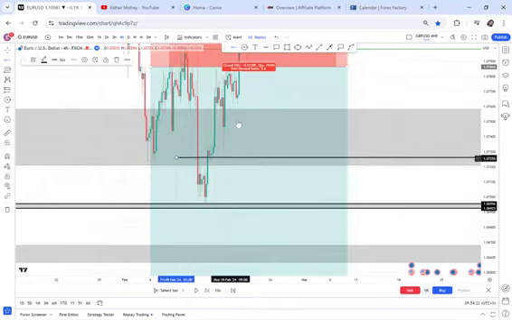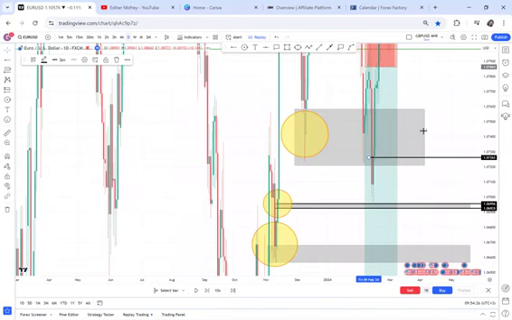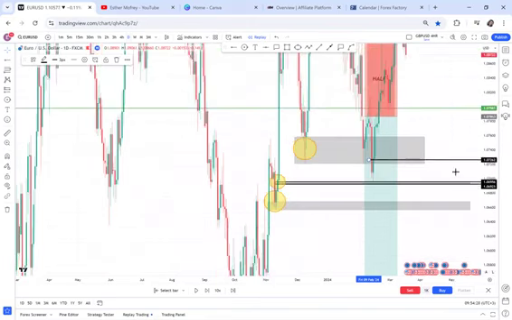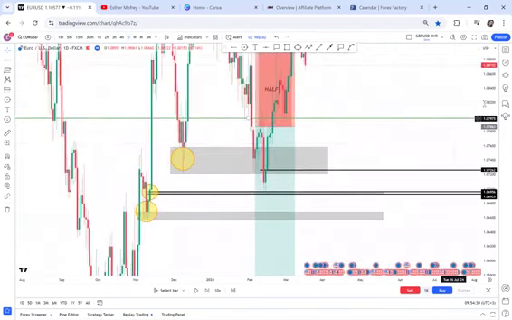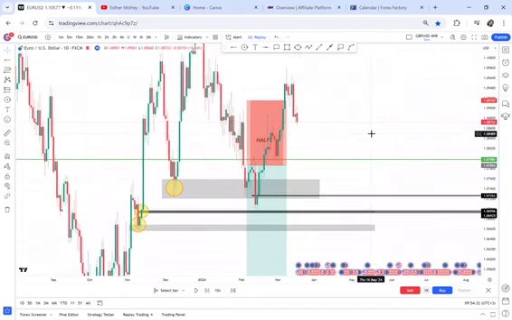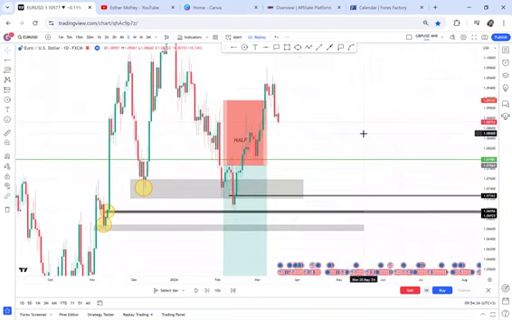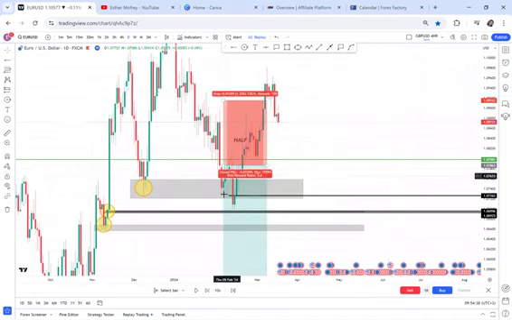I have seen something very funny with double tops. When double tops or double bottoms break half, you have to be very, very careful. So that one, the market did not go to the half.